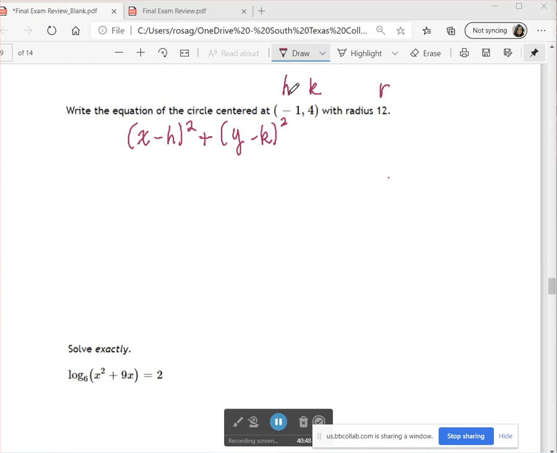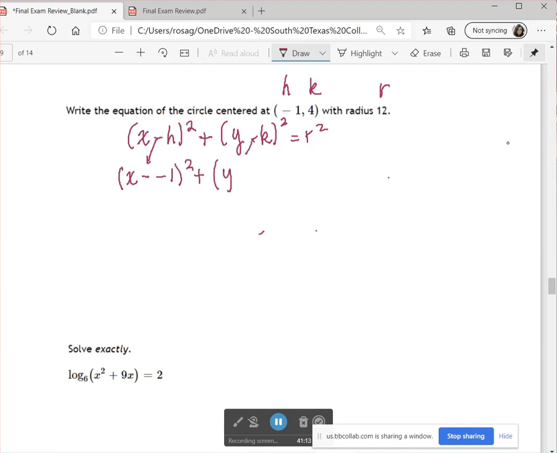So here's the center. The center is h and k, and then the radius is 12. Now the formula for the equation of a circle looks like this. Now you just got to be careful with those minuses in the formula. They basically change the sign of the h and k. But if I plug it in as I see it, like the x stays and then minus from the formula and then my h, which is -1.